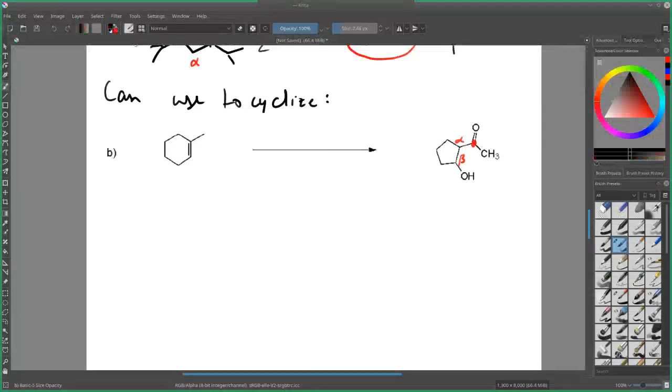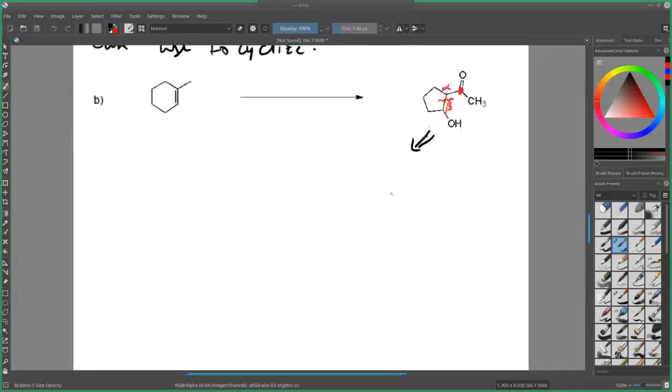So we know exactly what to do. We're gonna take that alpha beta bond and cleave it. And so working backwards, what we know is that this thing must have come from this enolate.